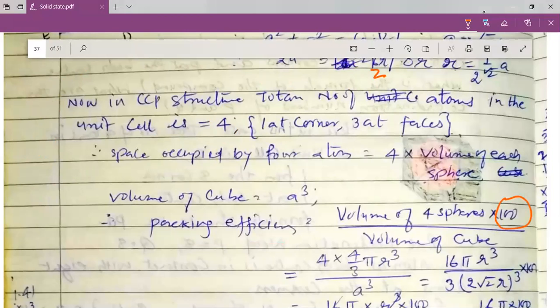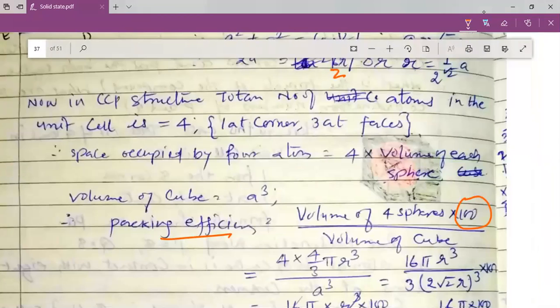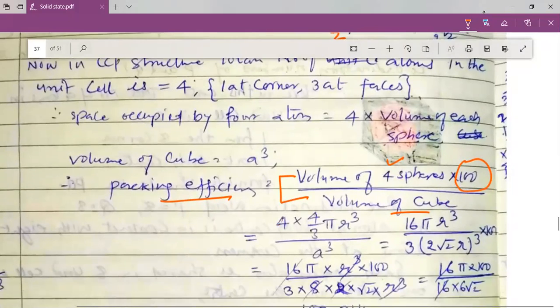So to calculate the packing efficiency, we will first write the volume of 4 spheres divided by the volume of cube. This gives us the part of the cube that is being occupied by 4 spheres, and when we multiply it with 100, we get the percentage.